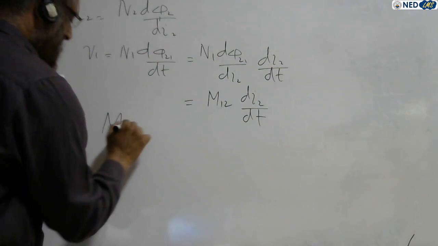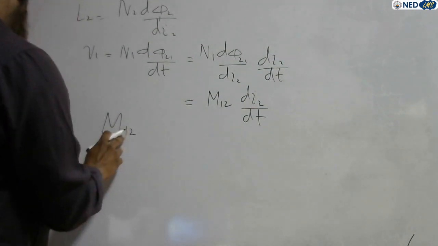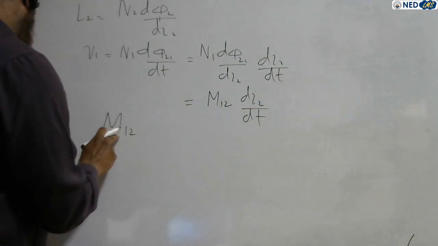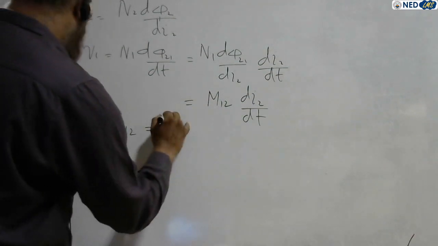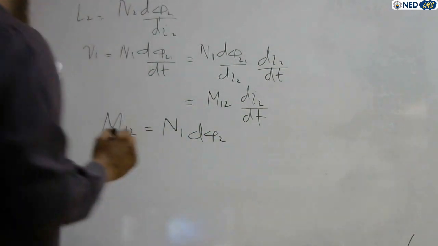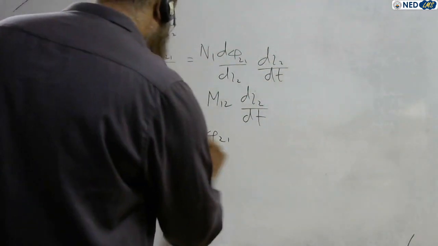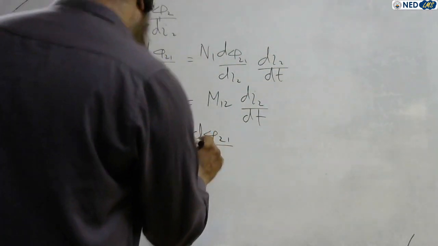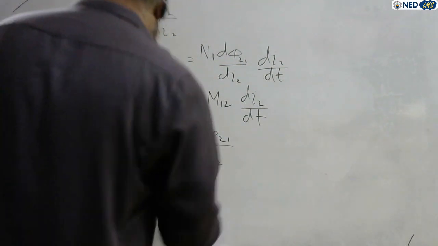So M12, that is mutual inductance of coil 2 on coil 1, is equals to N1 times d phi 2 1 over di2.